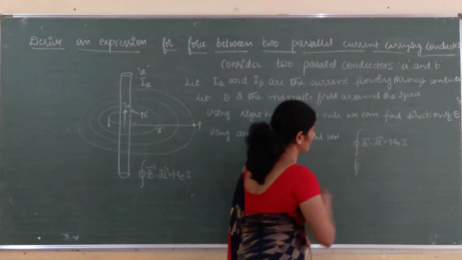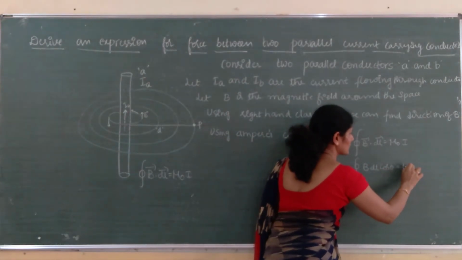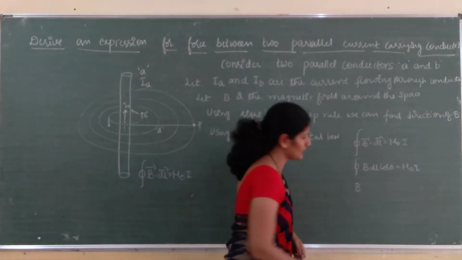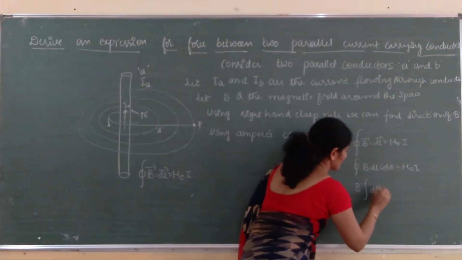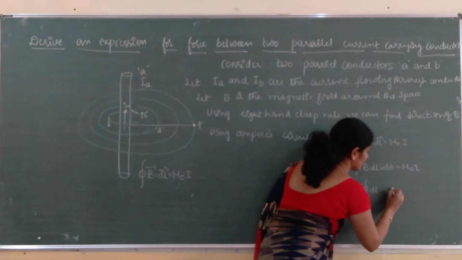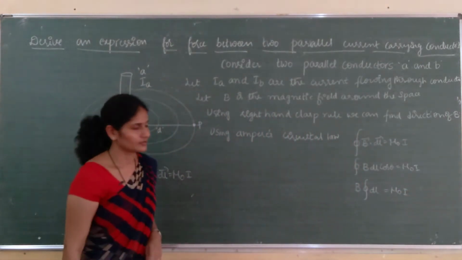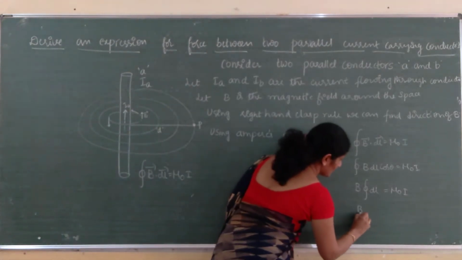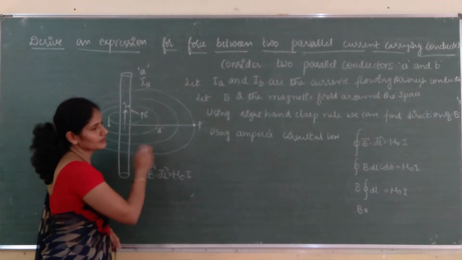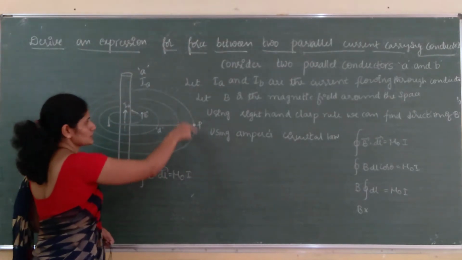B vector dot dl vector is B dl cos theta, which is equal to mu naught into I. The magnitude of the magnetic field is the same, so closed line integral of dl, with theta 0 and cos 0 equal to 1, is equal to mu naught into I. So, B into the integration of dl, which is nothing but the circumference of the circle.